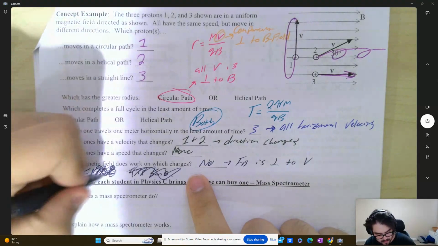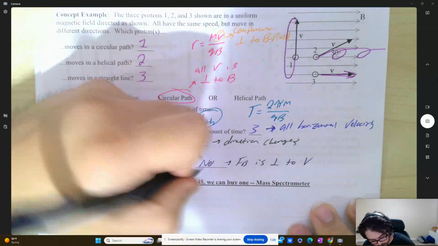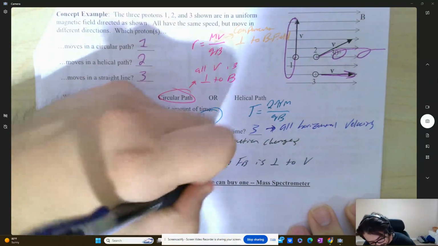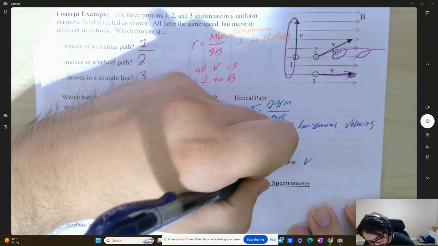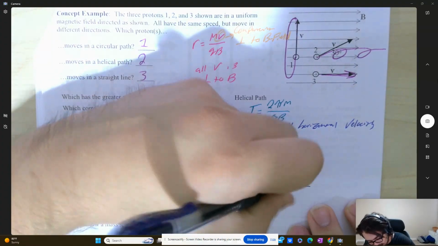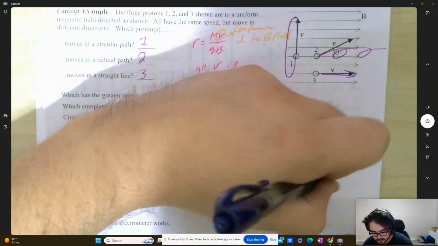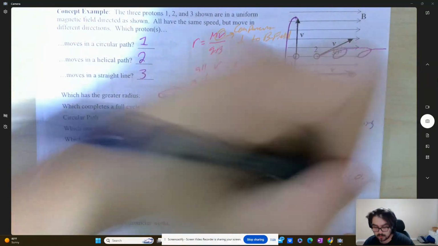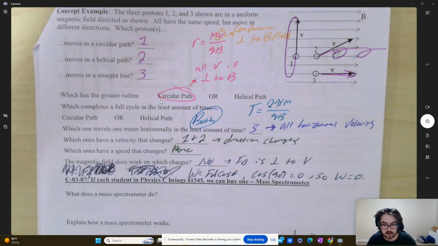So it should actually be F d cosine theta. That's my bad right there. I don't know why I wrote it in the key as sine theta. So it should be F d cosine theta, because cosine of 90 degrees is 0. So work would be equal to 0. There's that section. All right, have fun.